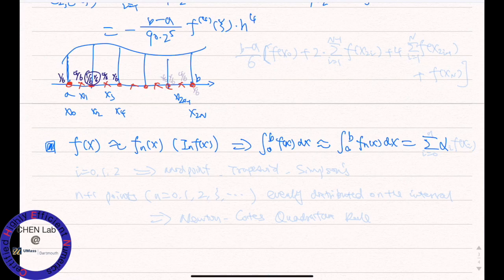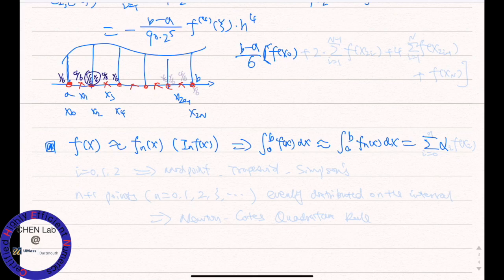And that's exactly why, if you see a formula in the book, it will be like (b minus a)/6 times the following. The first point is just f of x0. x0 only appears once, there's no other 1/6. For x2, x4, x6, all the way to the last one here, the weight is 2/6.